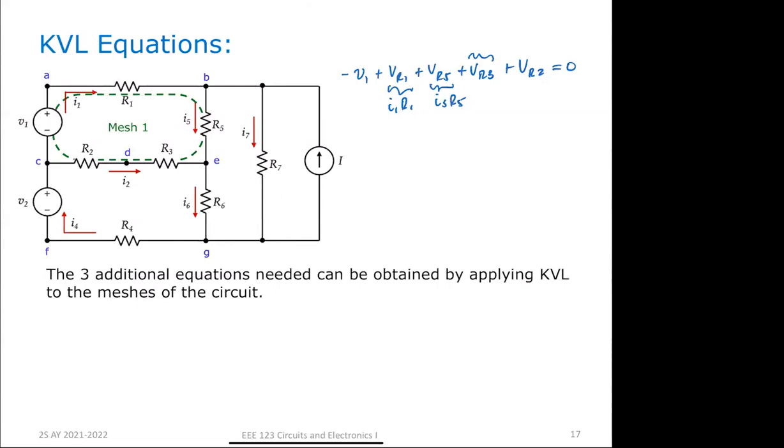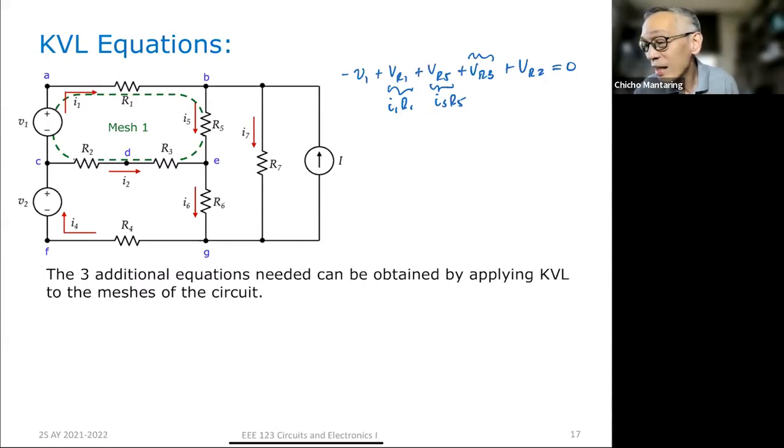I2 times R3. Okay, here is the tricky part. VR3 is I2 times R3. If the current direction is this way, from left to right, then the polarity across VR3 should be plus minus.